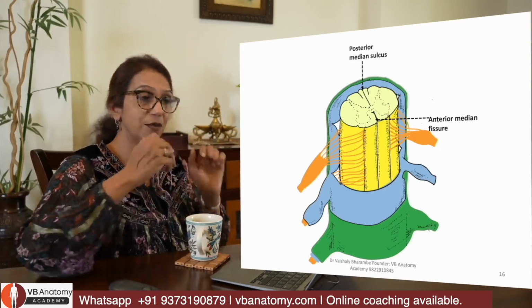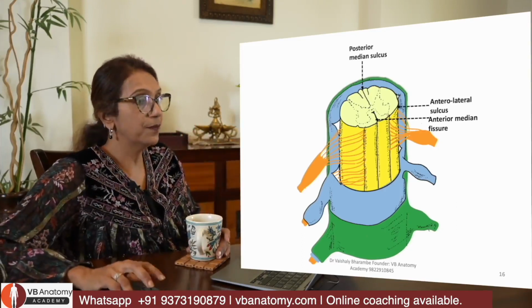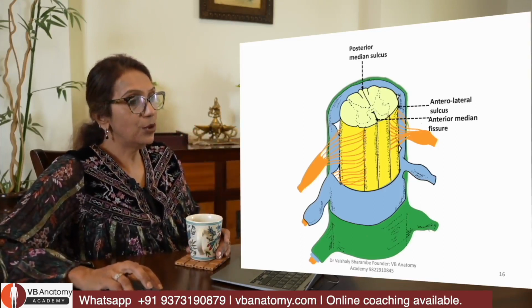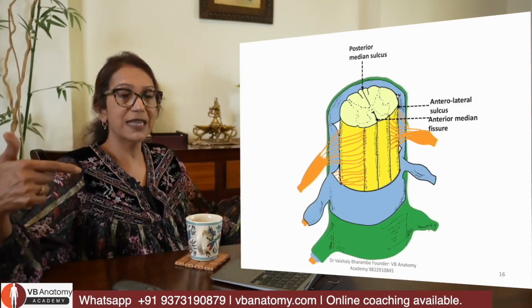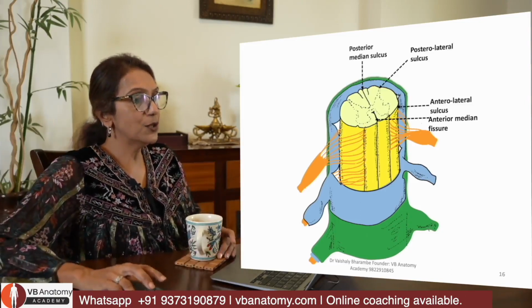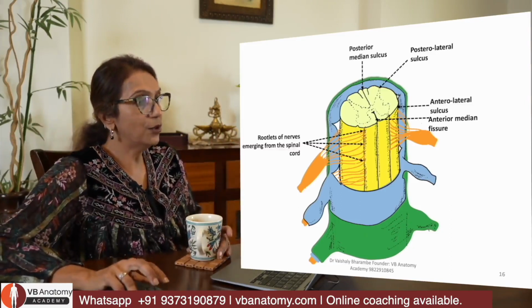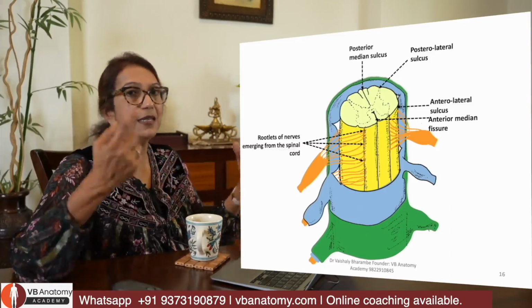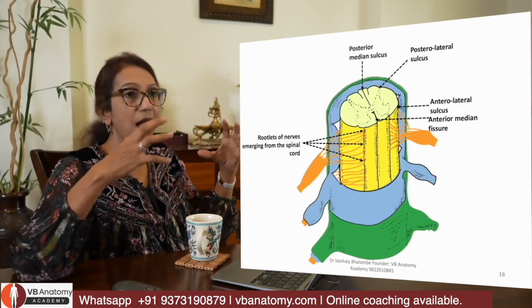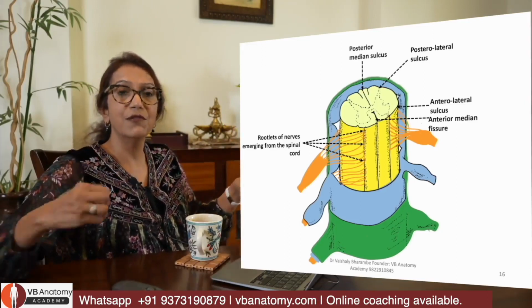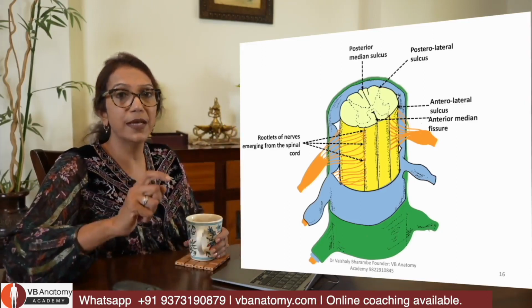Anteriorly, there's a fissure which goes right in. Okay. It has an anterolateral sulcus on both sides anteriorly and a posterolateral sulcus on both sides posteriorly. Taking origin from the anterolateral sulcus and posterolateral sulcus are rootlets of nerves which finally join to form the spinal nerve.